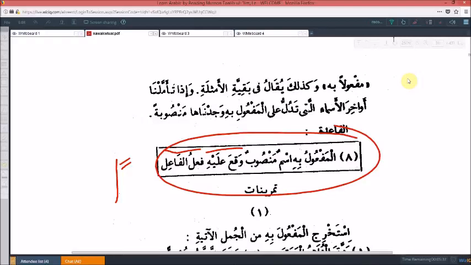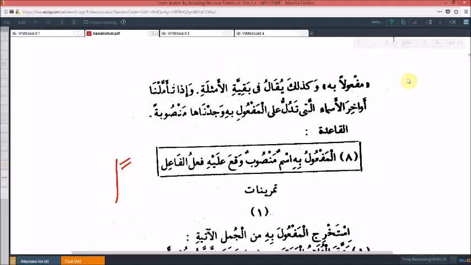Now let's just look at that. Let's just look at the definition in light of what we're learning. Okay? Al-maf'ulu. This is the mubtada. It's marfu'. It's a noun. This is a jumla ismiya. This definition is a jumlatun ismiyatun. It is a nominal sentence. It begins with a noun. And we said a jumla ismiya has a mubtada and a khabar. Right? So al-maf'ulu, the mubtada is marfu'.